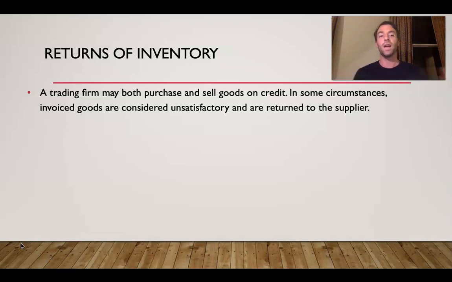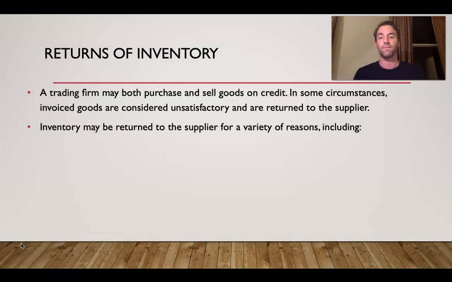In both occasions, sometimes the goods that we either receive or the goods that we sell are unsatisfactory for some reason and are returned to the business that sold them, hence the supplier. And you might think about, why would something be returned? I'm sure you've returned something that you've bought to a department store or whatever lots of times.